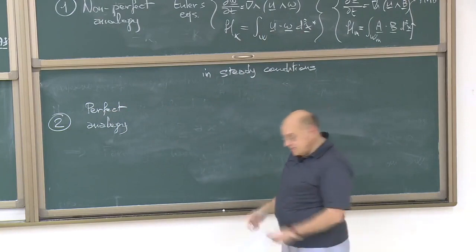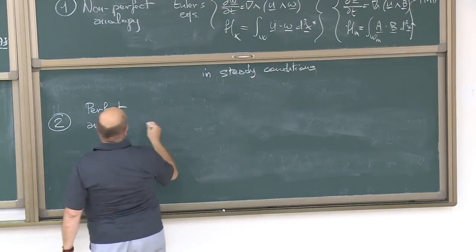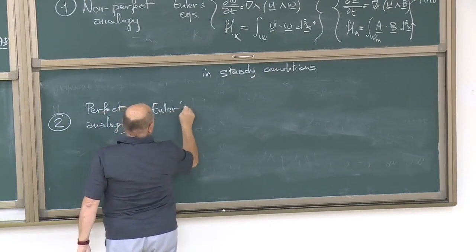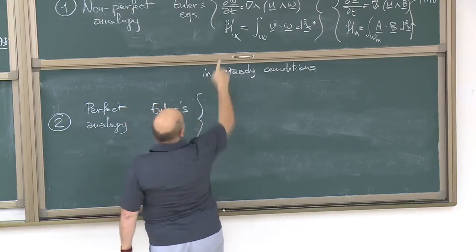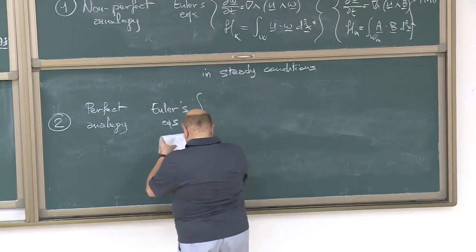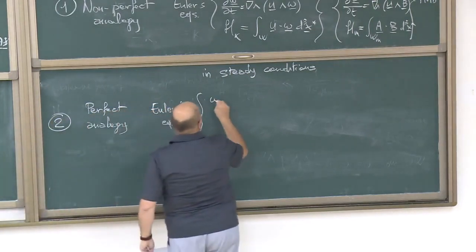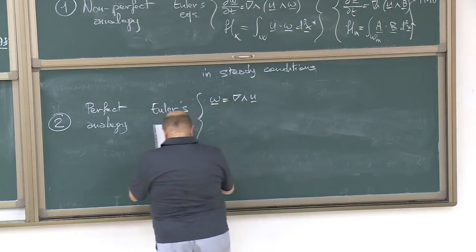Because d omega dt is 0. So Euler's equations get reduced to: omega, the definition, the curl of u.